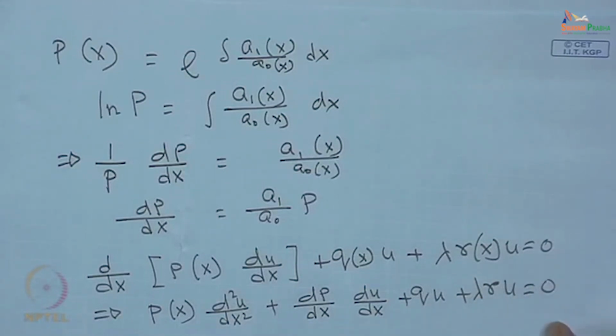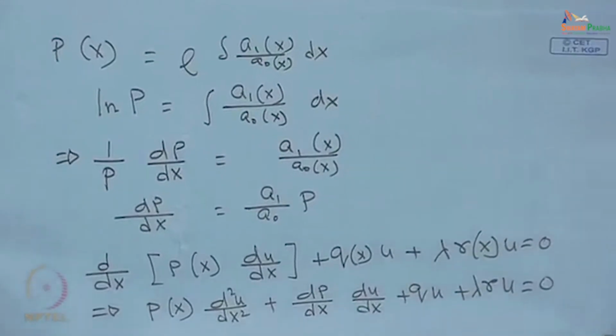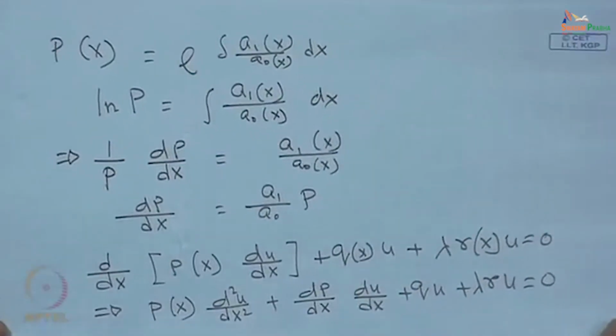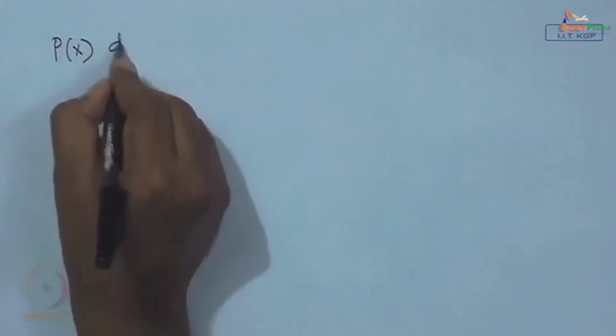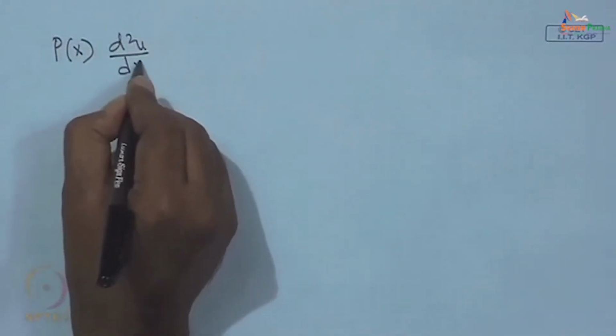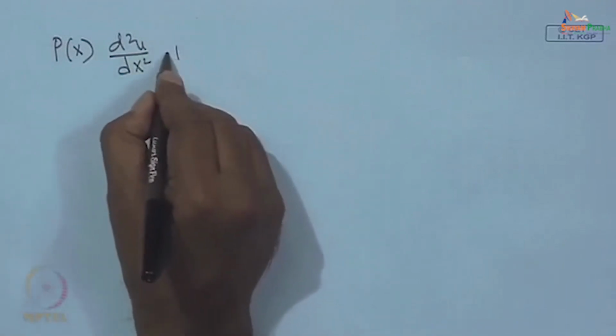So, therefore, we write the equation as p of x. Okay. So, this becomes, substitute the different values of p, q and r. So, p of x d square u/dx square, okay, plus dp/dx.